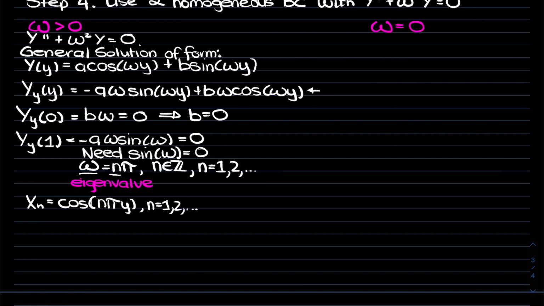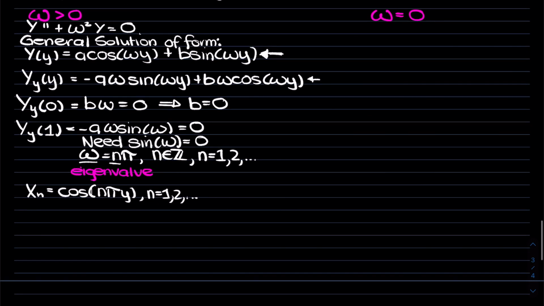So all I've done is taken this equation here and plugged in our values, and I've left out the constant a. So a and b are constants here. You can include the constant a as well, because a multiple of an eigenfunction is an eigenfunction. So this is an eigenfunction, and you can include the constant a, but you don't have to.